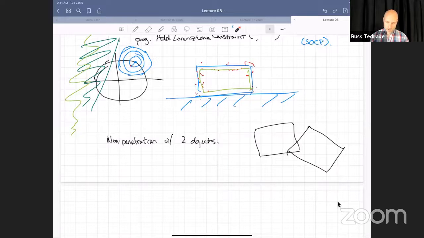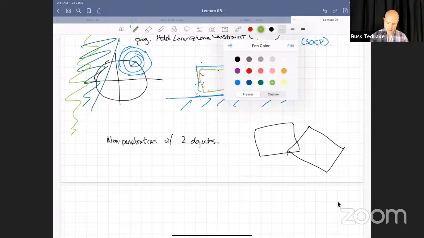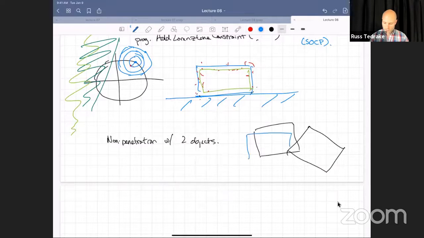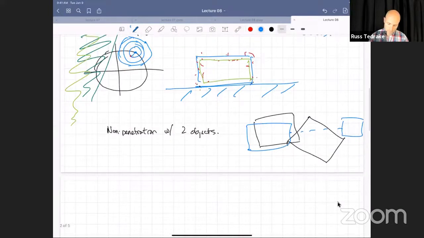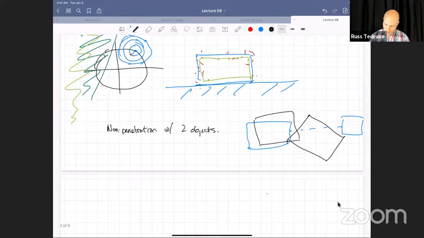Because I could have a solution that satisfies it with my box over here. I could have another solution with my box over here, but there's a solution directly in between it that doesn't satisfy those constraints. That is also true in rotations, which is what I should have done, a rotational example, since we wrote the rotation only version of it.